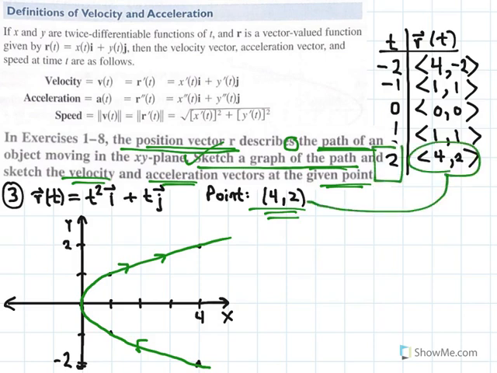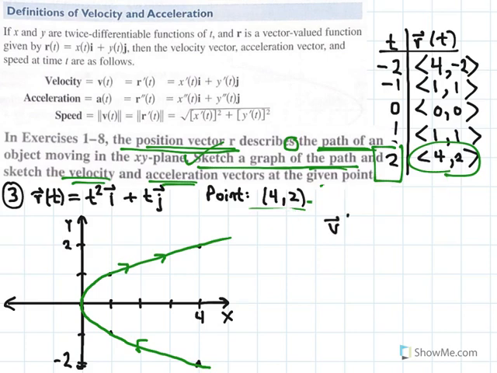The given point corresponds to time is equal to 2. So what we need to do is find the velocity and acceleration vectors and evaluate each one at time is equal to 2 to get a velocity vector for time is equal to 2 and sketch it, and then to get the acceleration vector for time is equal to 2 and sketch it.